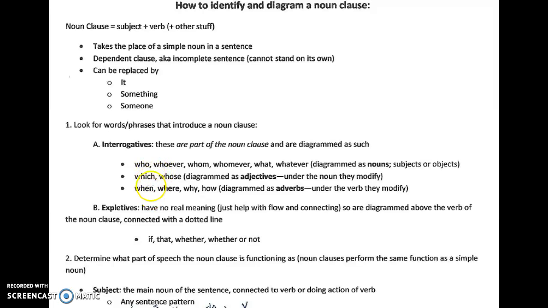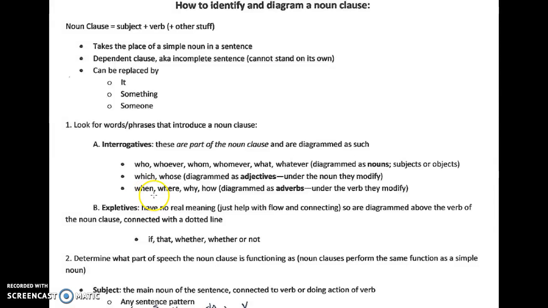And they fall into three categories: who, whoever, whom, whomever, what, and whatever are diagrammed as nouns, and they'll be either in the subject or the object place in your diagram. Which and whose are diagrammed as adjectives because they're clarifying which ones. They're modifying nouns, so they're going to be diagrammed under the noun they modify.